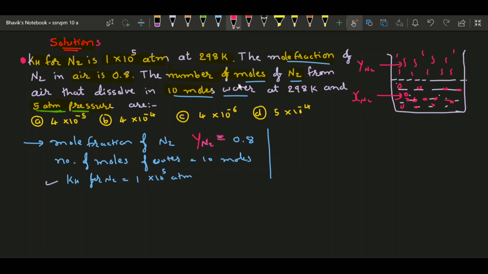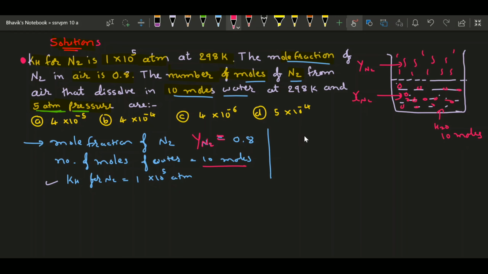Okay, so what is the question? The number of moles of nitrogen from the air that dissolve in 10 moles of water. Another value is given here, the number of moles of water, so it is 10 moles. This is H2O, so the amount of H2O is 10 moles.